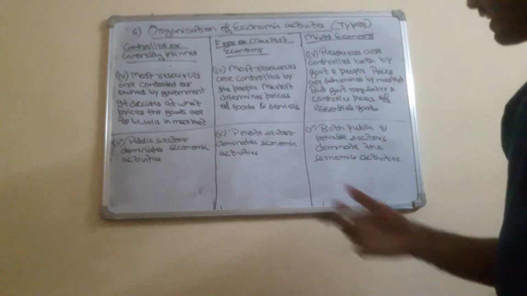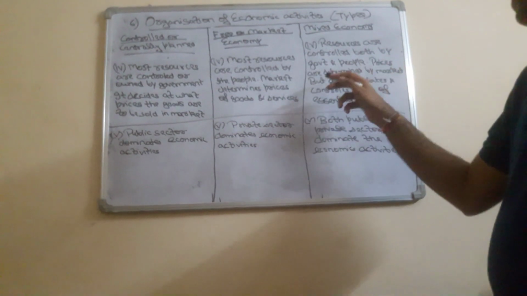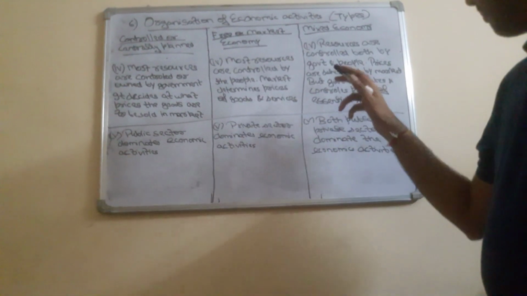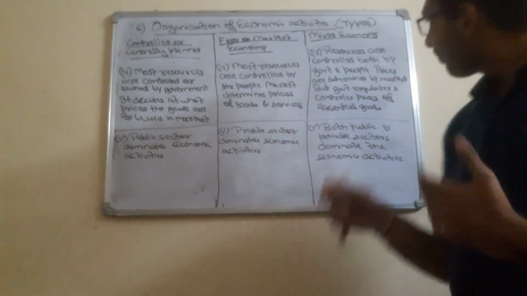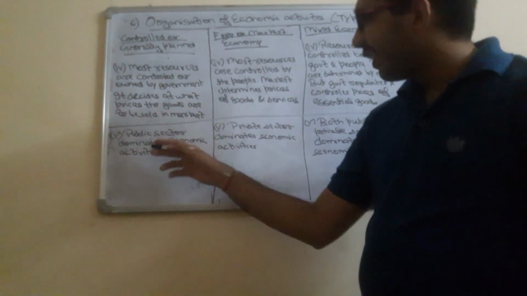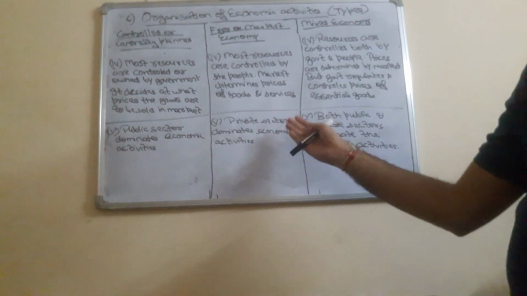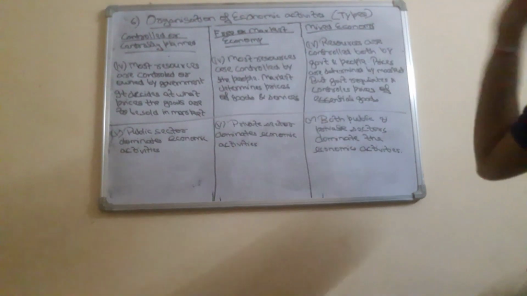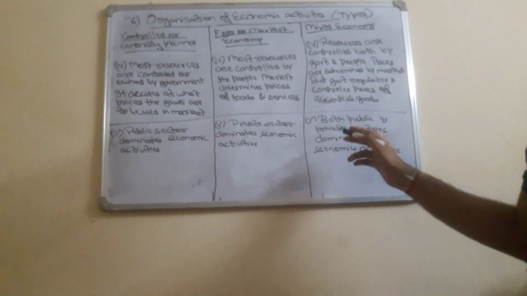In mixed economy, resources are controlled both by government and people, prices are determined by the market, but government regulates and controls the prices of essential goods. In controlled economy, public sector dominates economic activities, whereas in free or market economy, private sector dominates it. And in mixed economy, both public and private sector dominate the economic activities. And here is the end of the chapter.